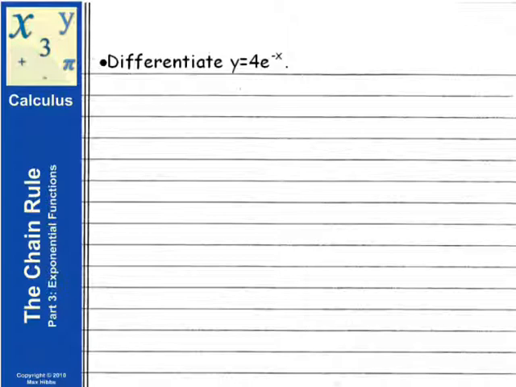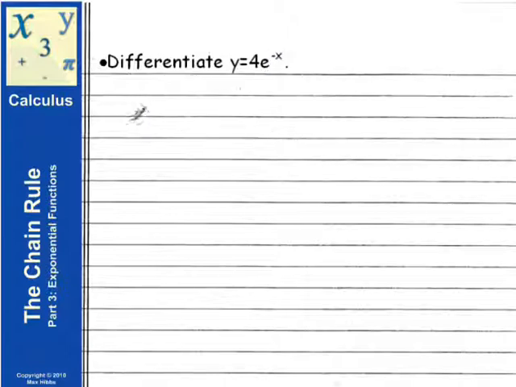Okay, well, in this next problem, we're asked to differentiate y is equal to 4 times e to the power negative x. Of course, we might recognize quickly that we actually have a constant times a function.